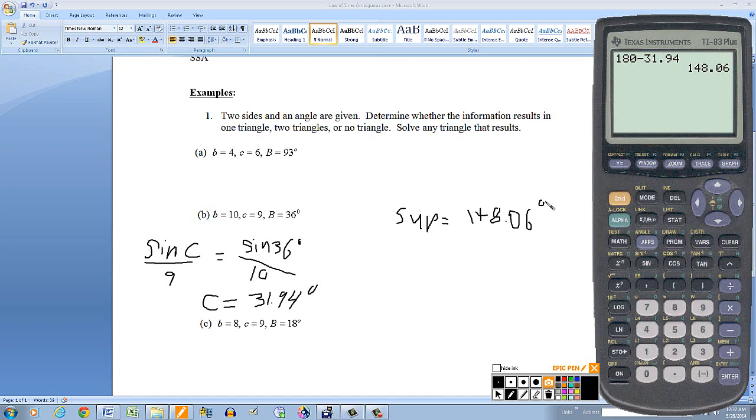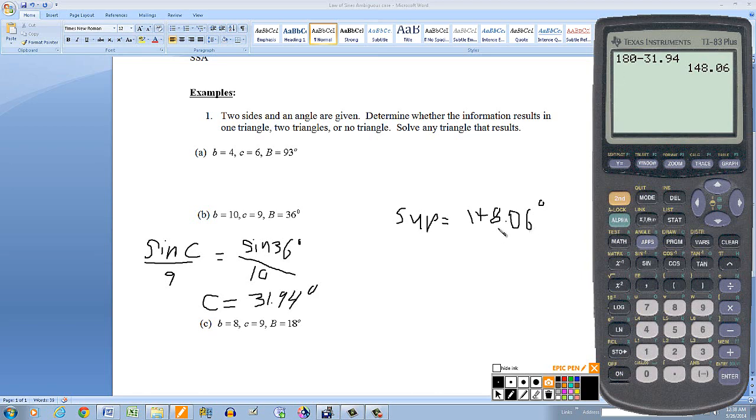If you're going to have two solutions, the way you test it is you take the supplement angle, 148.06, and add the given angle. The given angle here is 36. If that's less than 180, then you're going to have two triangles possible. If that's greater than or equal to 180, then you're only going to have one solution possible.